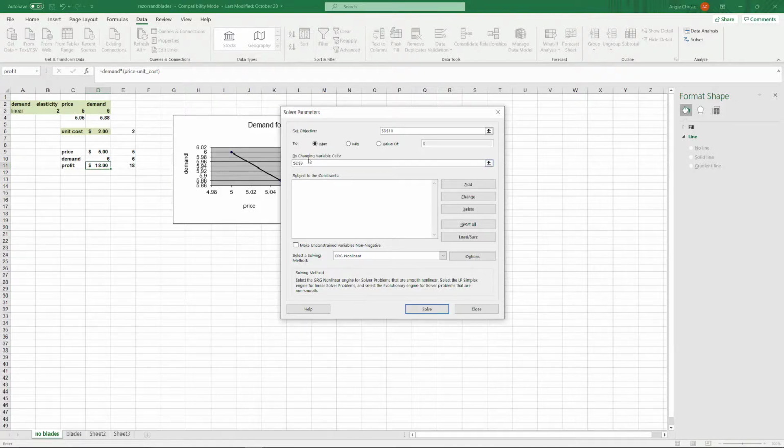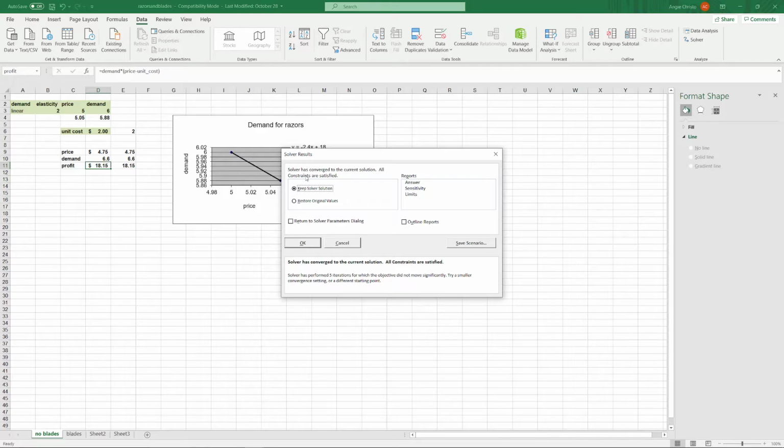So basically Excel tries and sees what happens when this is $1, right? When this is 1, what happens? When this is 2, what happens? When this is 5, what happens, right? And solve, okay.